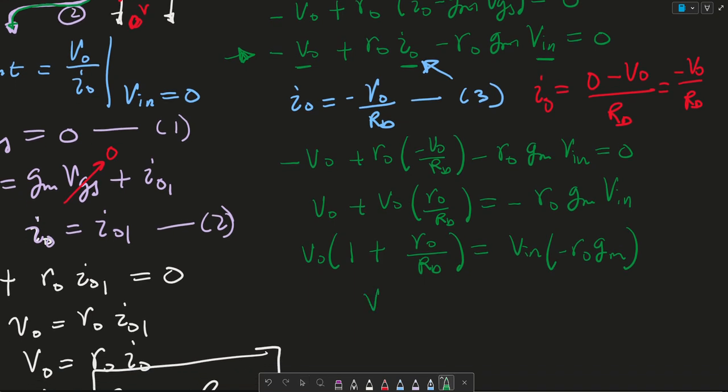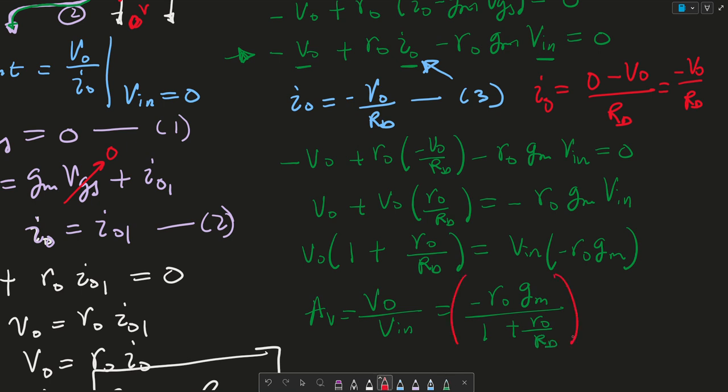So then now we can solve for Vout over Vin. Again, this is equal to the AV gain, which is equal to minus RO GM over 1 plus RO over RD.